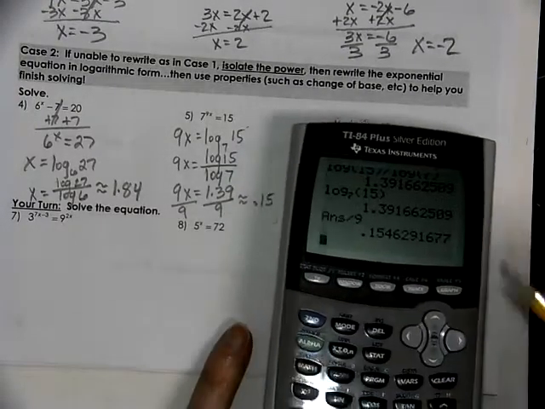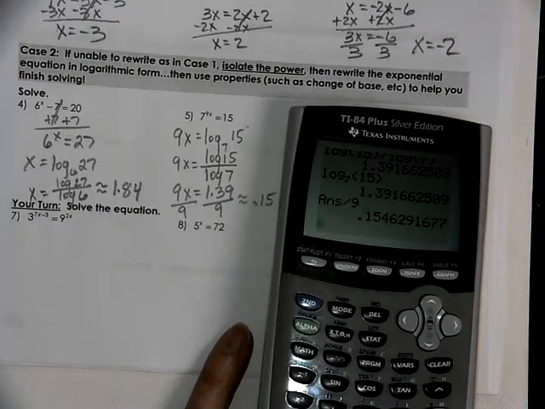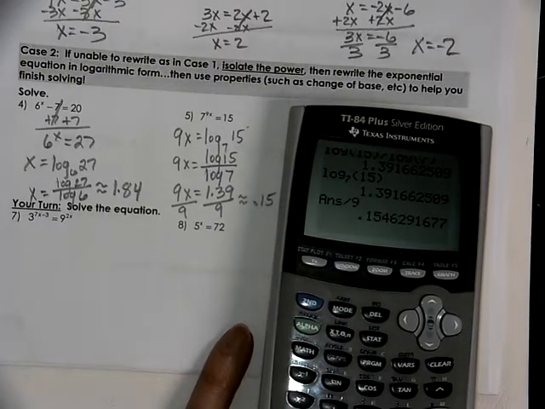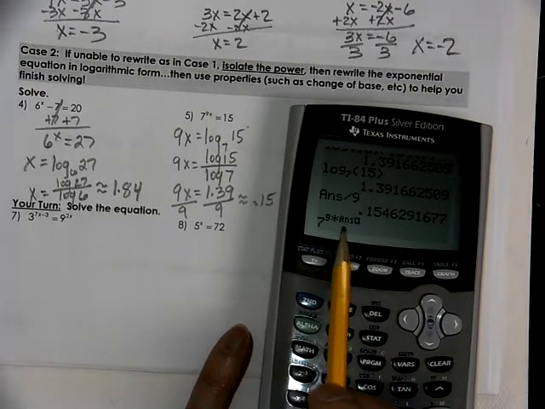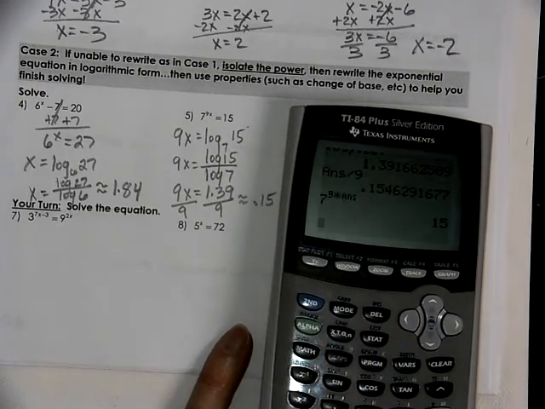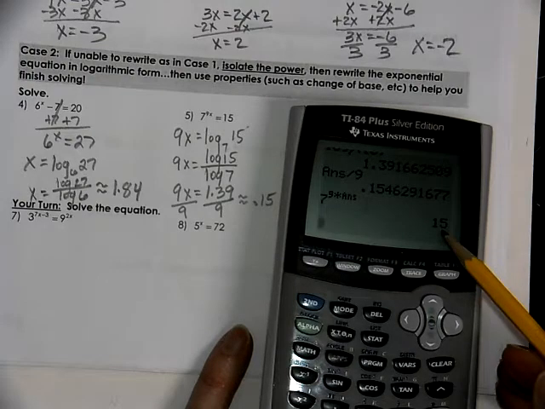If we use the real answer here, and we plug that into 7 raised to the 9 times our x value, use the real answer, you're going to get exactly 15.